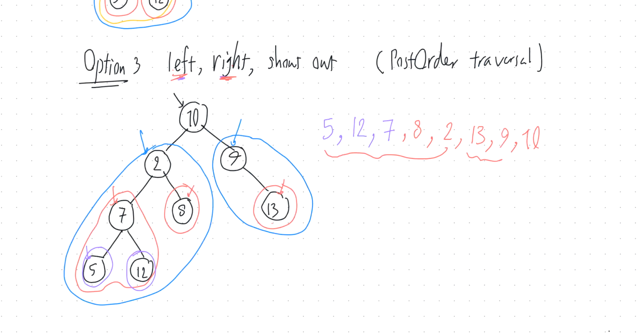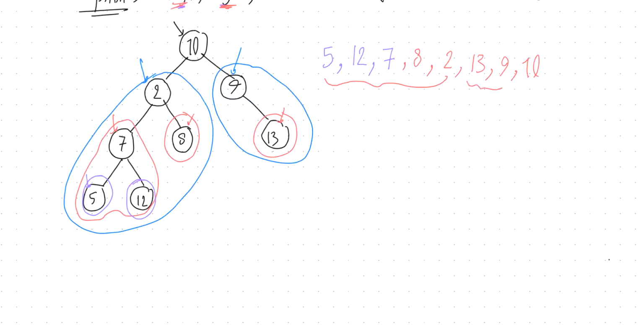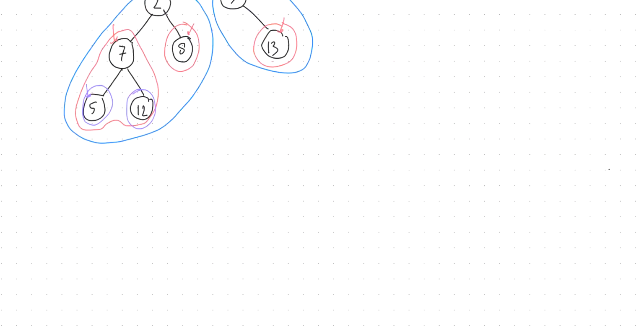Now, in this video, what I'm going to do is, first of all, I want to show the connection between these 3 algorithms and what's called prefix, postfix, and infix notation in arithmetic. And also, I want to show you the pseudocode for these 3 traversal algorithms.